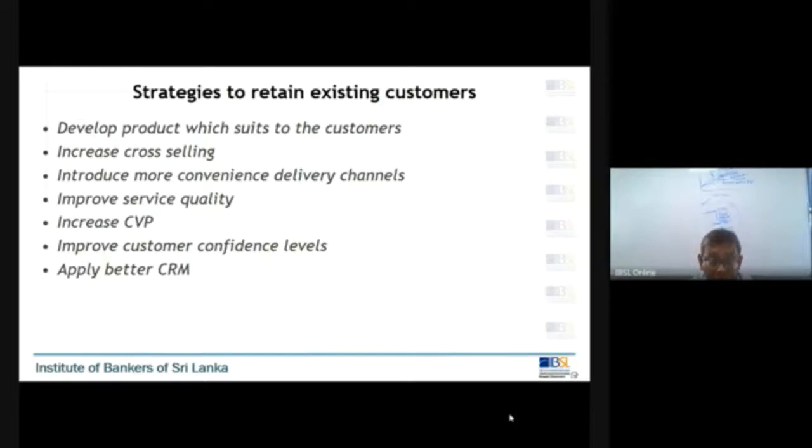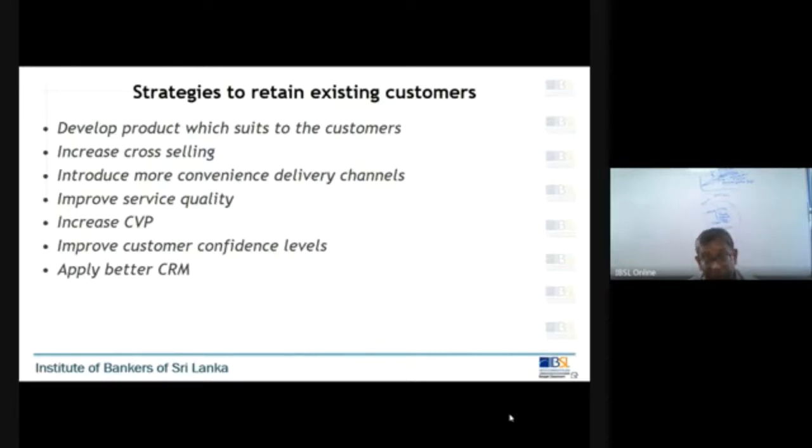The customers who bring more profits to your organization, like in the Pareto theory, the 80-20 theory. You know what Pareto theory is talking about? Usually for a bank, or any organization for that matter, only 20% of your customers bring 80% of your profit. Therefore we need to look after these people, and you apply your CRM.